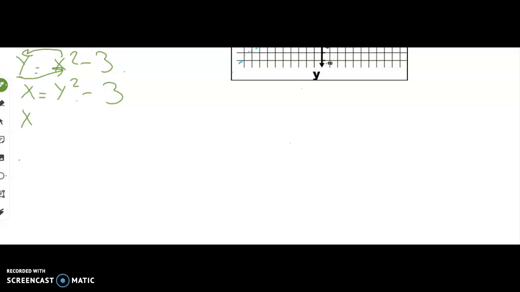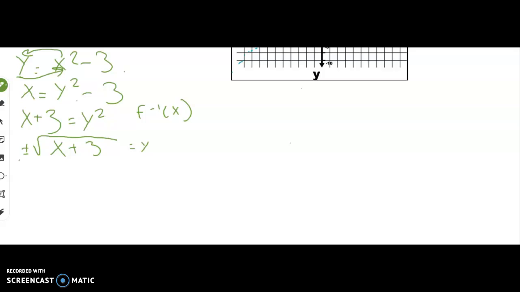From this, we can do x plus 3 is equal to y squared. Square root that, and we get plus or minus the square root of x plus 3 is equal to y, and this is also equal to the inverse function, where f of -1 of x is our inverse notation.